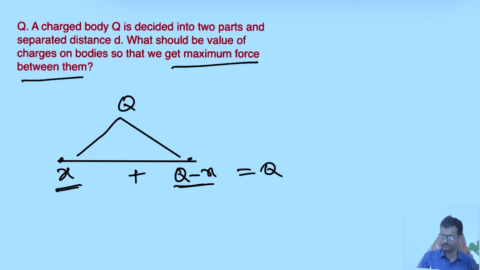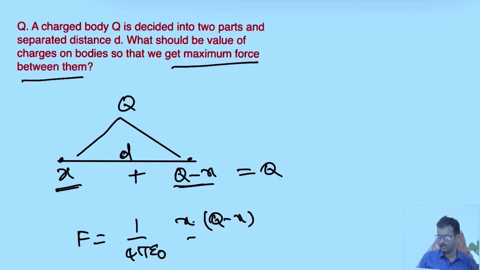Now the force between them is F is equal to 1 by 4 pi epsilon naught, q1 that is x, q2 that is Q minus x, by distance d square. See here, what is the question? What is the maximum force?